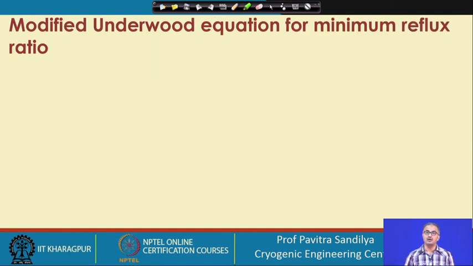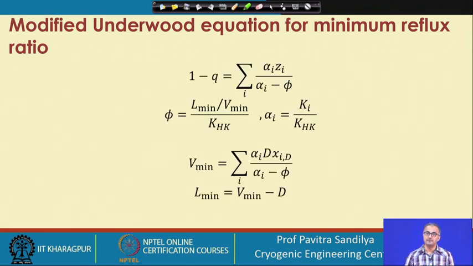Now we go to the modified Underwood equation to find the minimum reflux. Again, without going into the derivations of those equations, we write the final equation. This is the equation with 1 minus q, where phi is this and alpha I is this. Here alpha I has been defined with respect to the heavy key, and phi has been defined in terms of the heavy key.